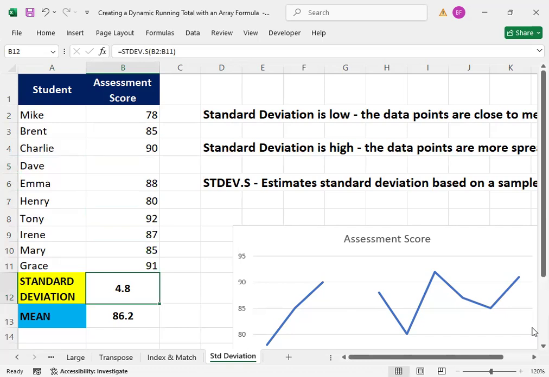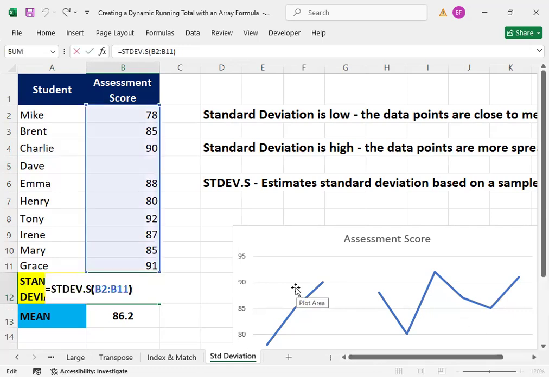So if we were analyzing an entire population, we would use the STDEV.P function instead of STDEV.S. The process is exactly the same, just replace the S in the formula with P. So what I'm going to do is change this S to P to get the population standard deviation.